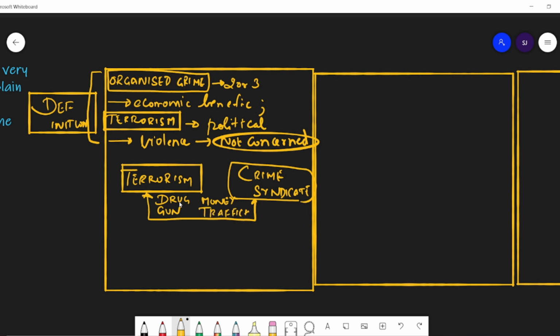Each point you are going to explain, but this is one pictorial representation. What you are going to write in the paper, you represent pictorially, and that will show the examiner the way forward, what I am going to find in the answer.